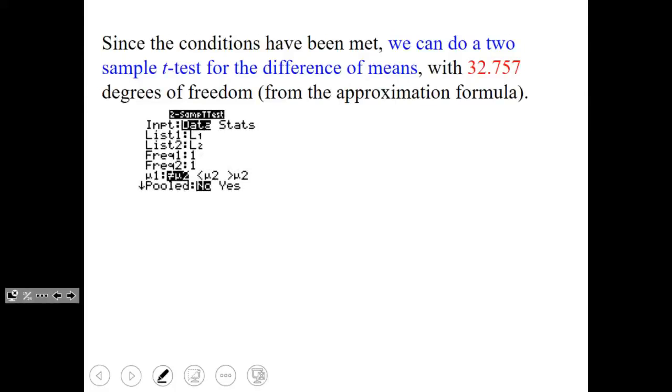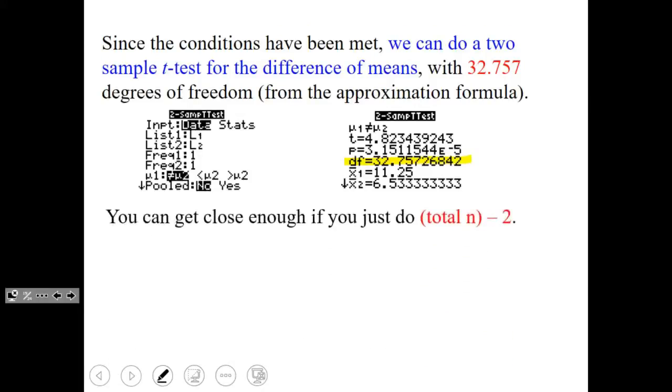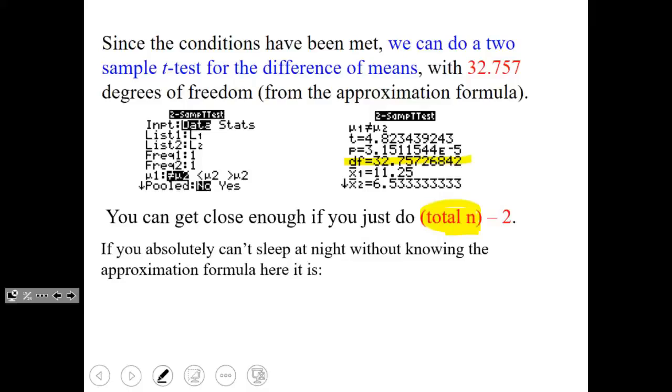Now, again, I loaded it in the calculator. I ran this 2-sample t-test, and I found my 32.757 degrees of freedom, so I'd round it up to 33. The other thing you could do is just take the total n, subtract 2 from it, and you'll get pretty close. Now, if you just can't sleep at night without knowing the approximation formula, here it is.